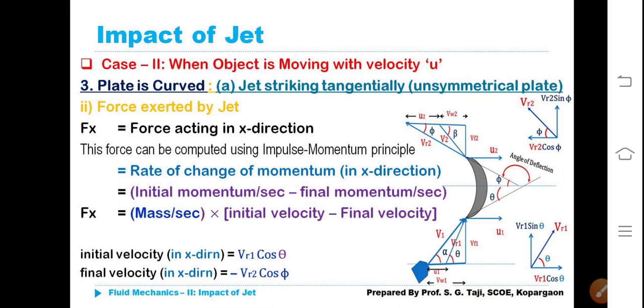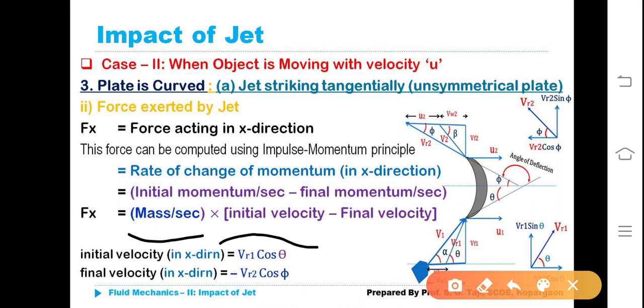How are you? In the last class, we were discussing the case of a moving curved plate, that too, which is unsymmetrical, and the jet of fluid striking it tangentially. We come to know that the force Fx, that is in the direction of motion of fluid, is nothing but equal to mass per second whole multiplied by initial velocity minus final velocity.